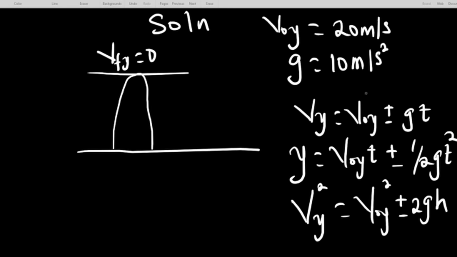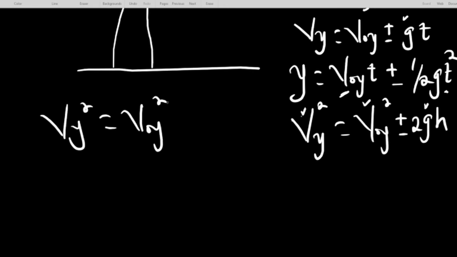Here we have our third equation, which is Vy squared equals V naught y squared plus or minus 2gh. Since it's going upwards, we choose g as negative. It's going against gravity, so g becomes negative.